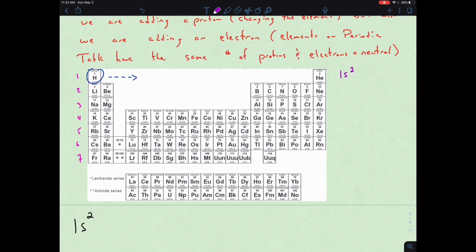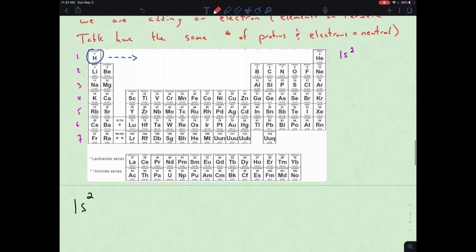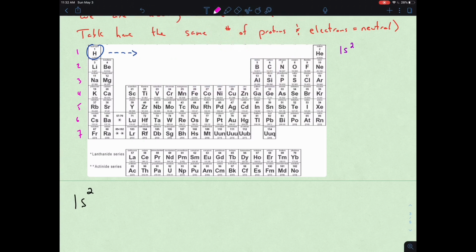And so now we have what's basically full. As far as this notation, we have here n equal to 1 as our first level.